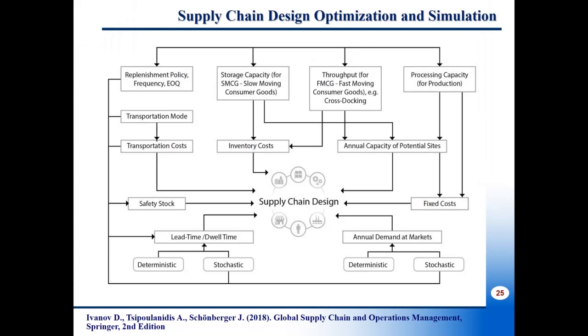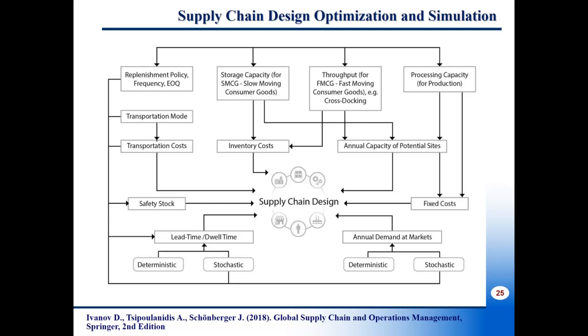In order to conclude our lecture today, in order to design a supply chain analytically, several factors are considered. For instance, variable cost of transportation, inventory, fixed cost of facility establishment that depends on many parameters such as annual demand at markets and capacity of potential sales, storage capacity, supply chain network structure.